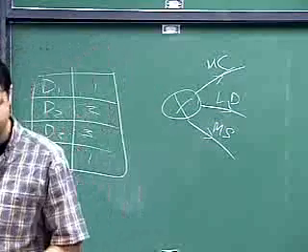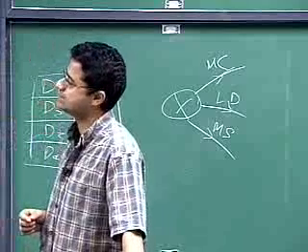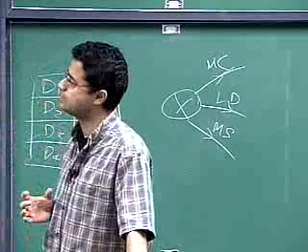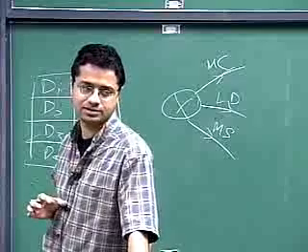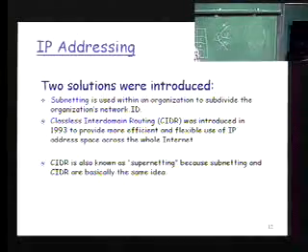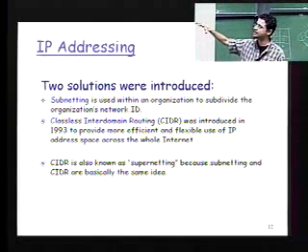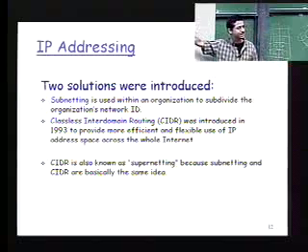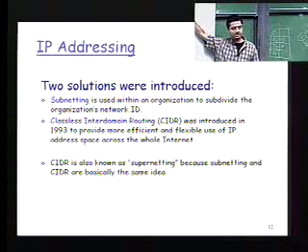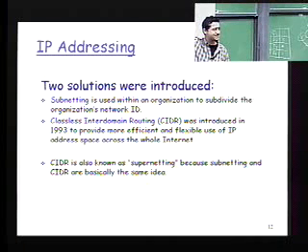So two solutions were proposed. One solution is called subnetting, and that's used within a single organization. The other solution, which is CIDR or classless interdomain routing, was introduced in the early 90s for address assignment on the internet. So this is a solution which assigns addresses to organizations.